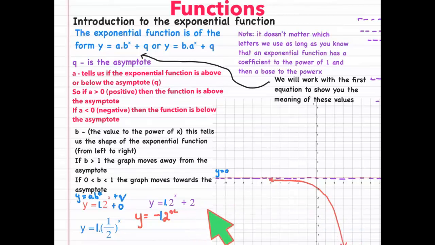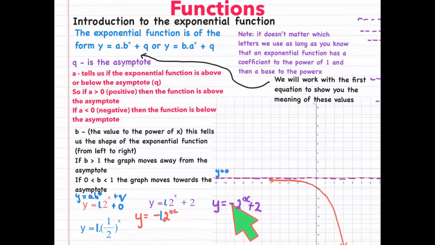Okay, so let's go and look at the next one, this purple one. And I'm going to change that purple equation and I'll write it in purple as well. Let's make it y equals minus 2 to the power of x plus 2. Now again, all exponential functions are in the form of a times b to the power of x plus q. There's always an a, okay?